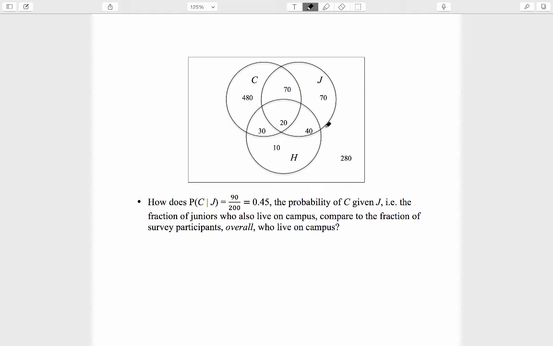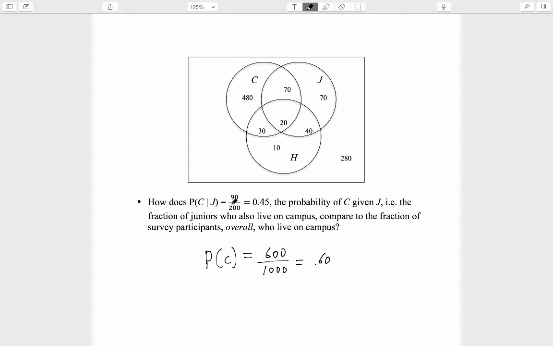So that's just P of C, the probability of the event C, which is 600 out of 1,000. That is 0.6.